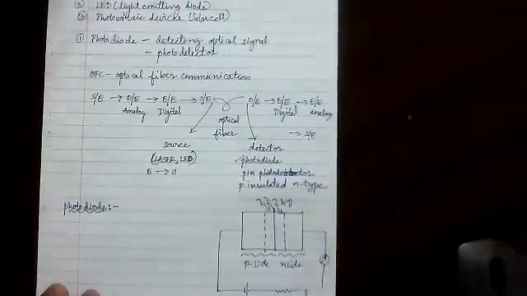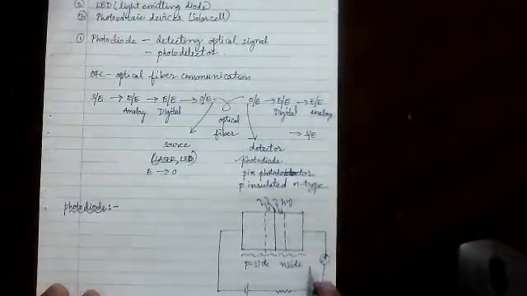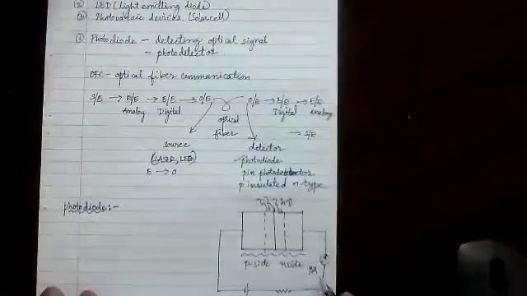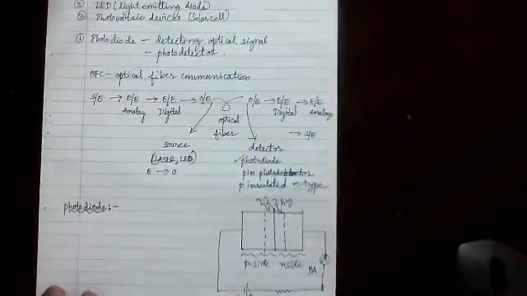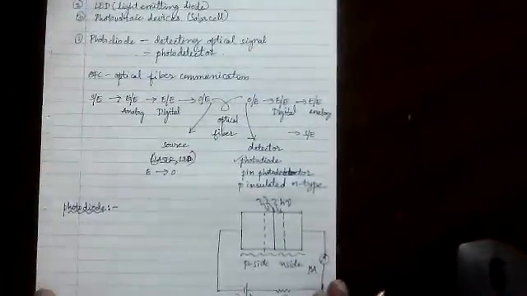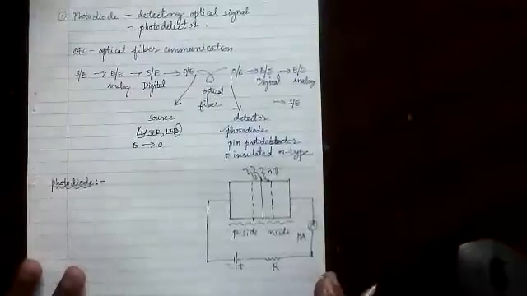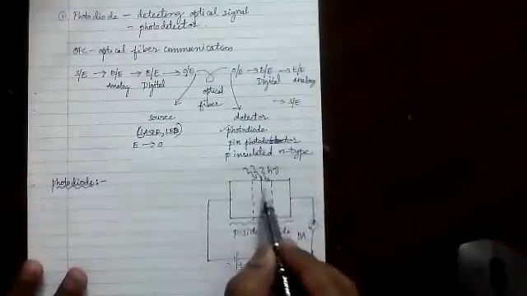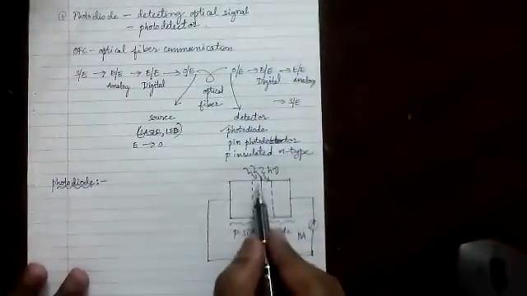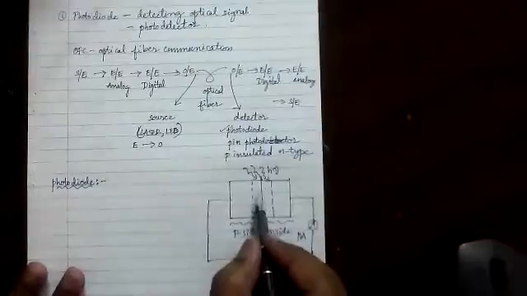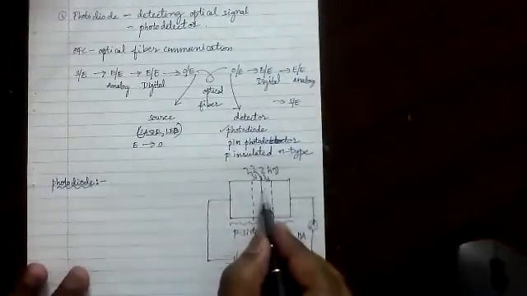This is an ammeter. This is a micro ammeter, very small current flows through this. This is a battery, and this is a resistor. So what we are doing in this circuit, light will fall. What is the purpose? To convert light energy into electrical energy. So light will fall on the junction region.